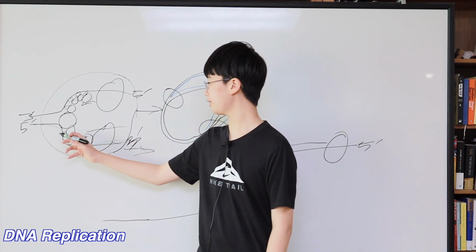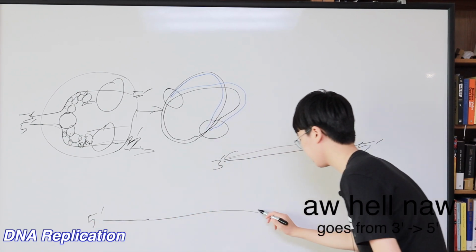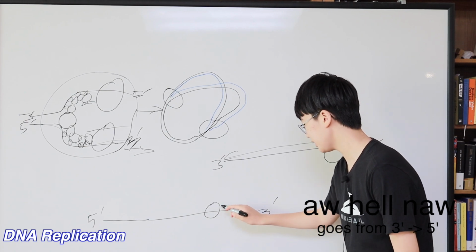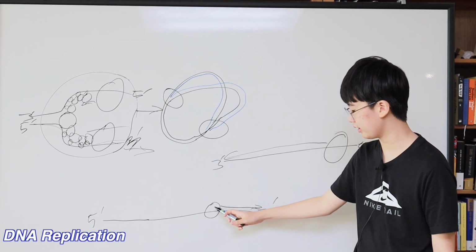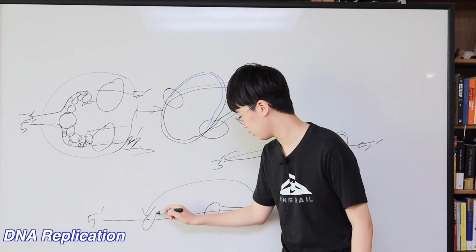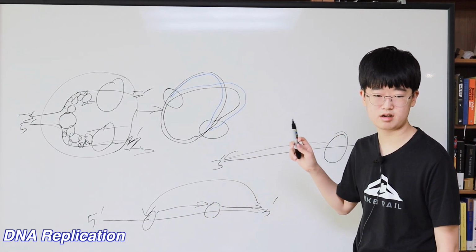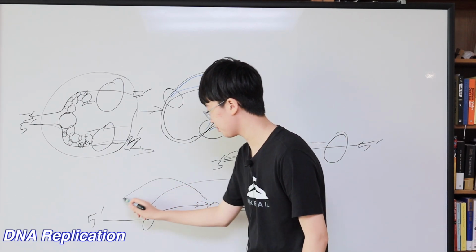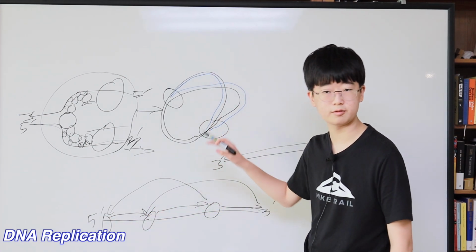The DNA polymerase has to go from 5 to 3, so the 5' and 3', and the DNA polymerase replicates the DNA like this and goes back and does its job over here, and then goes back again and does its job over here.